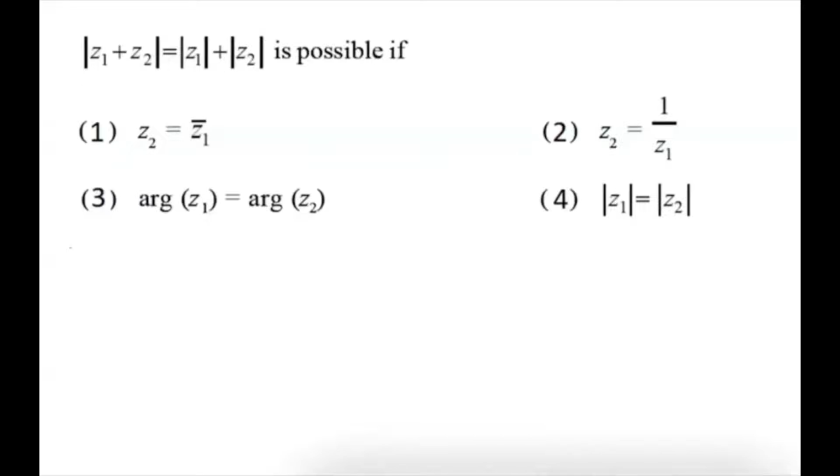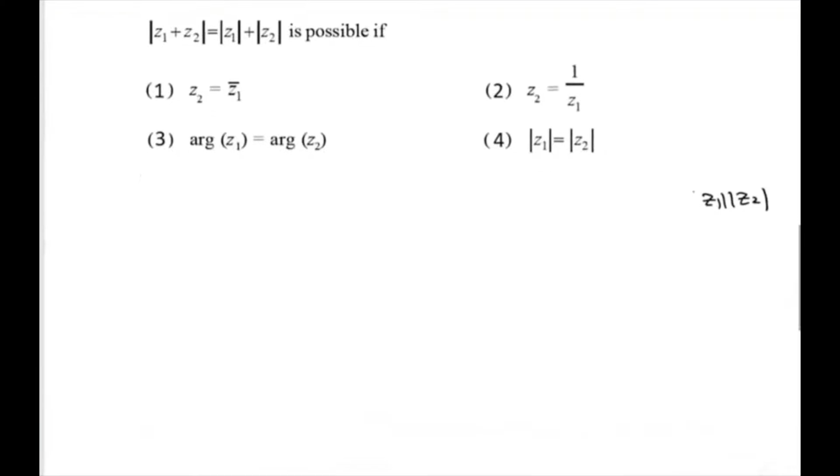Now consider this problem. Modulus of (z1 plus z2) equal to modulus of z1 plus modulus of z2 is possible if one of these conditions is true. In other words, we need to find the condition for two complex numbers z1 and z2 to satisfy the equation modulus of (z1 plus z2) equal to mod z1 plus mod z2.